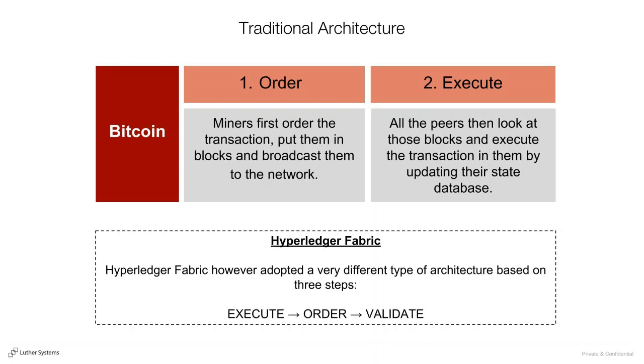First the miners bundle the transactions into blocks. Those blocks establish a total order of all the transactions, and then the blocks are disseminated, and all the peers execute those transactions locally, and as part of that execution, they update their databases. Now, HyperLedger Fabric actually has three steps in the transaction lifecycle, so it's not order execute, but execute, order, validate.